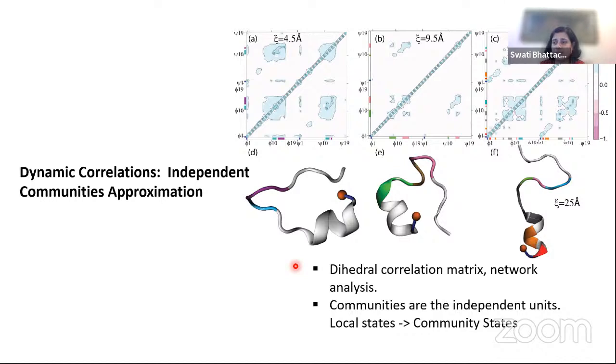So we change our assumption. Instead of assuming that dihedrals are independent, we present the independent community hypothesis. So when we talk about local states, we are now talking about community states. But here's the thing. Since the dihedrals within a community are correlated, we can only keep those states that were actually visited, because I'm no longer comfortable about predicting unvisited structures within a community.